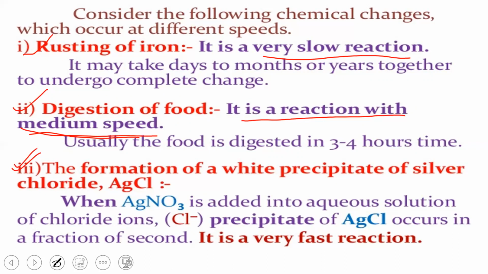The best example for this type of reaction is the formation of a white precipitate of silver chloride.